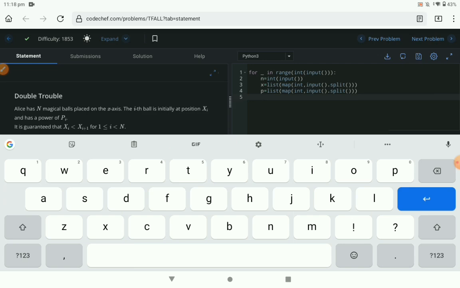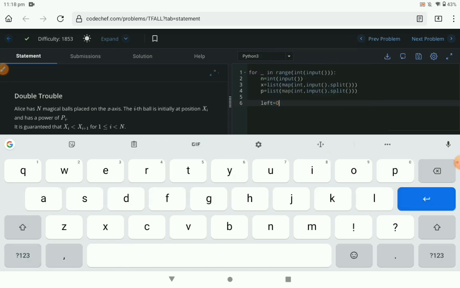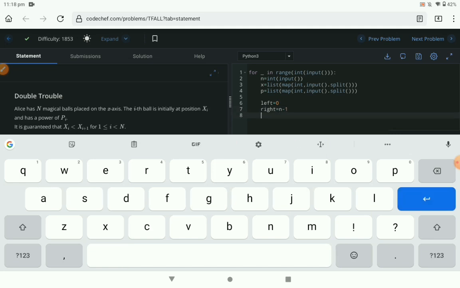Okay, now I am initializing the left variable to 0 and the right variable to n minus 1. Is that clear?